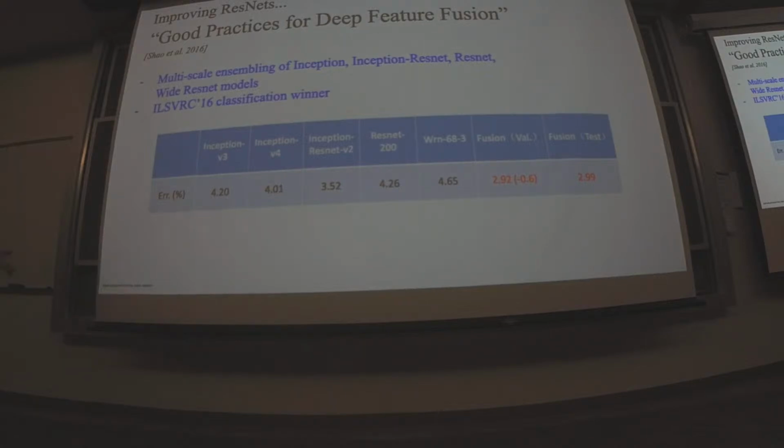Put them all together, and voila, you get even better performance. Somebody else did all the hard work of creating all these other architectures, and this group just put them all together into an ensemble.